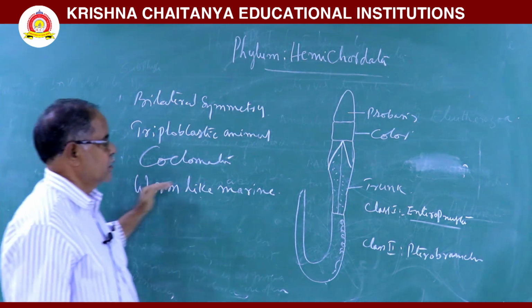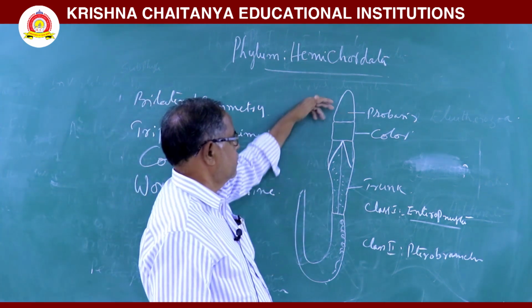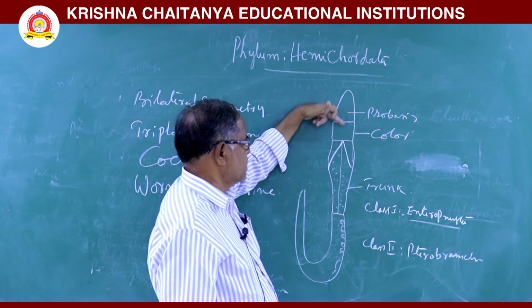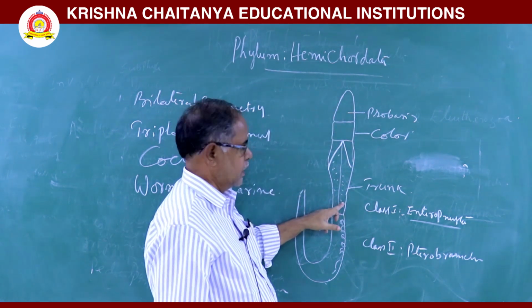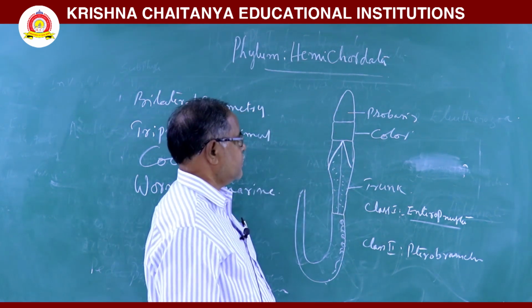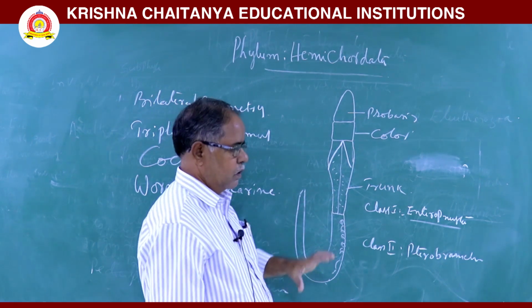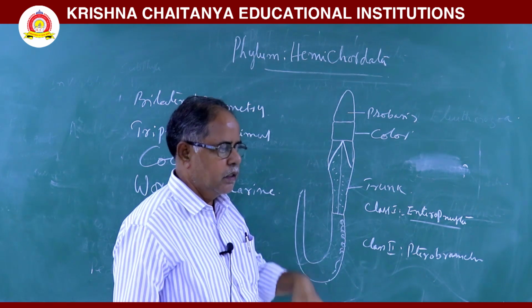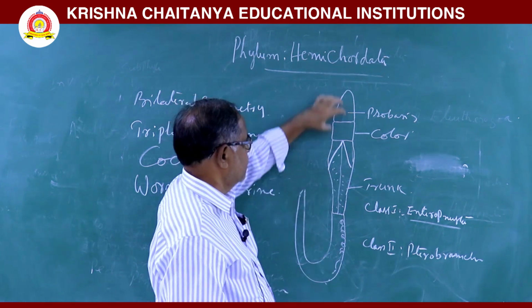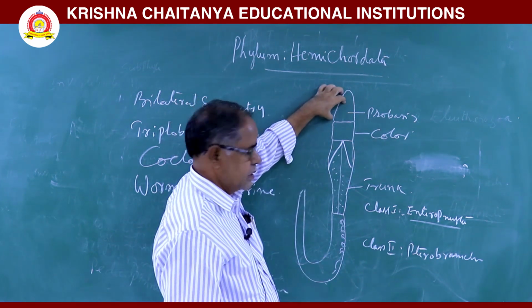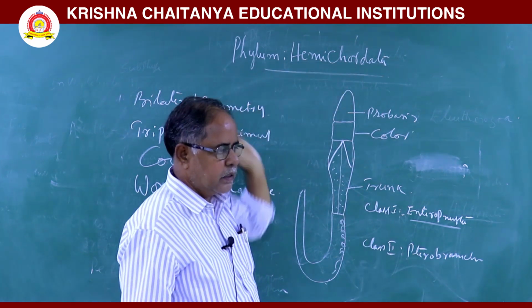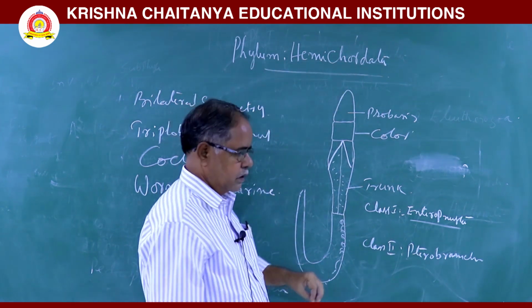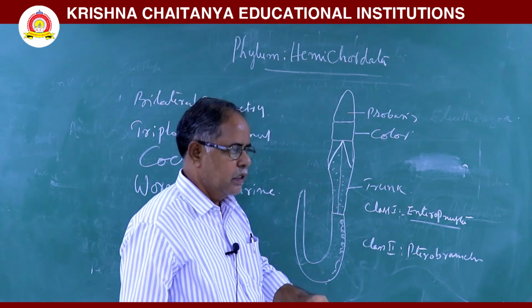The body is cylindrical, and the body is divided into three parts: proboscis, collar and trunk. Next, in this animal, one median buccal diverticulum is there, or stomochord is present. This stomochord is extended into the proboscis. Next, in this animal, respiration is done by gill slits.